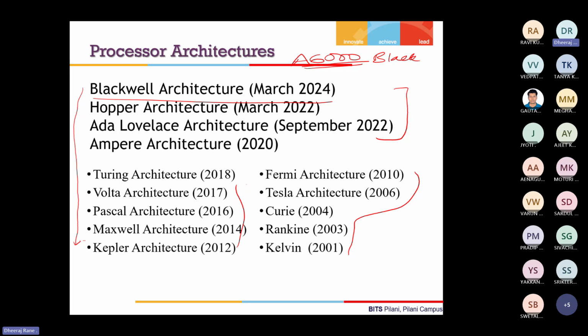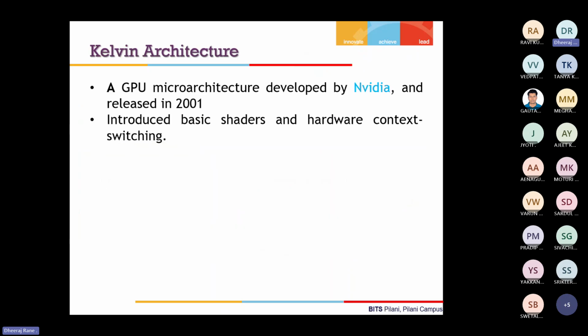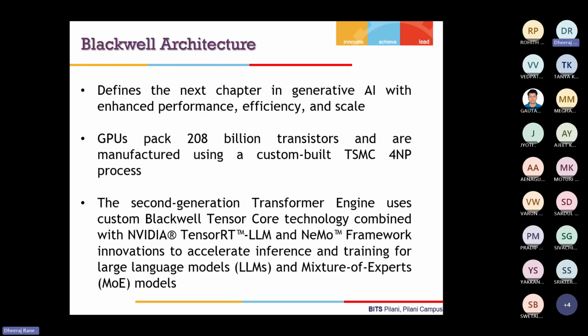Somewhat similar to our Xeon and processors like i7, which are based on the same architecture, but here the architecture is differing rather than the organization, right? So Kelvin to Blackwell architecture.